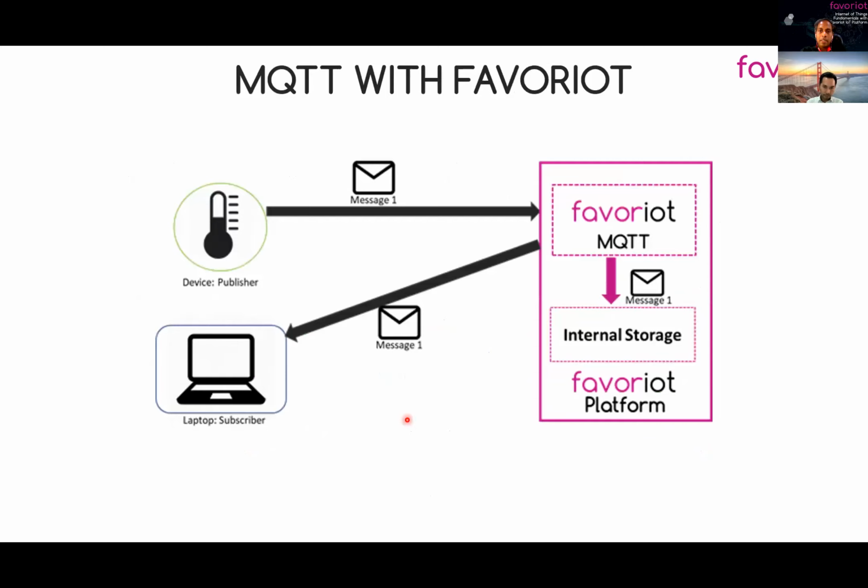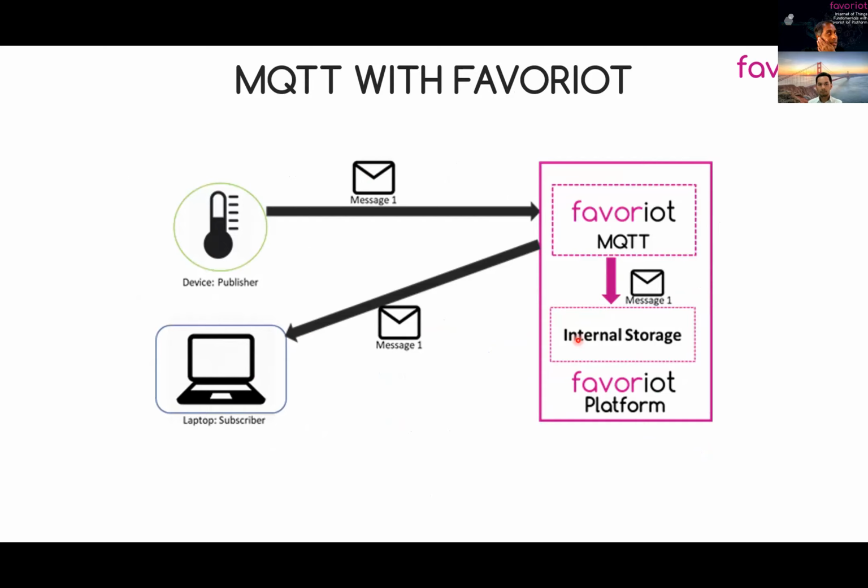Now, specific to the Favoriot platform, in fact, you can actually go and find an MQTT broker out there. There are so many open source MQTT brokers. You can actually set it up on your own using a Linux platform, and you can run the broker on its own. But in order for it to connect to the platform, we need to change a bit.